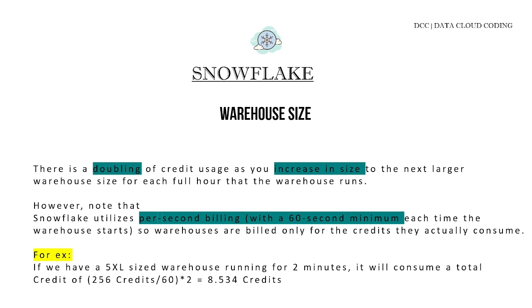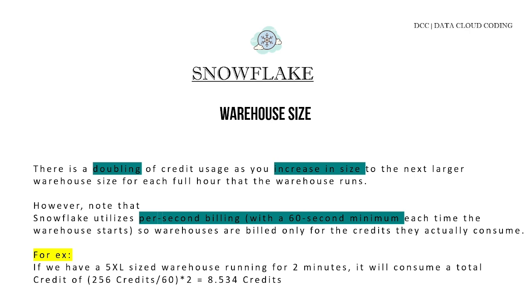So this point is also to be kept in mind: Snowflake utilizes per second billing, but there is a minimum threshold of 60 seconds. So for example, if we have a 5XL sized warehouse that is running for 2 minutes, it will consume a total of 256 credits divided by 60, into 2, which equals 8.53 credits.